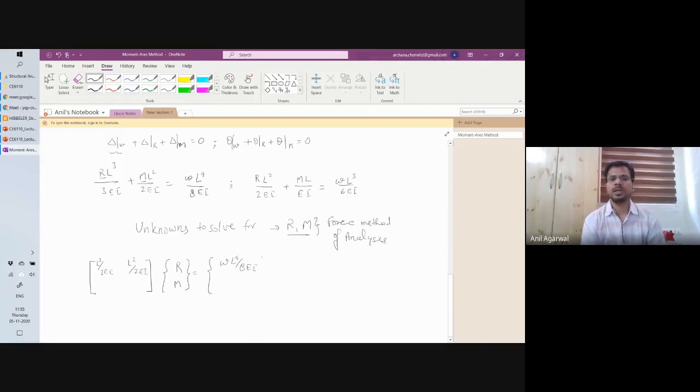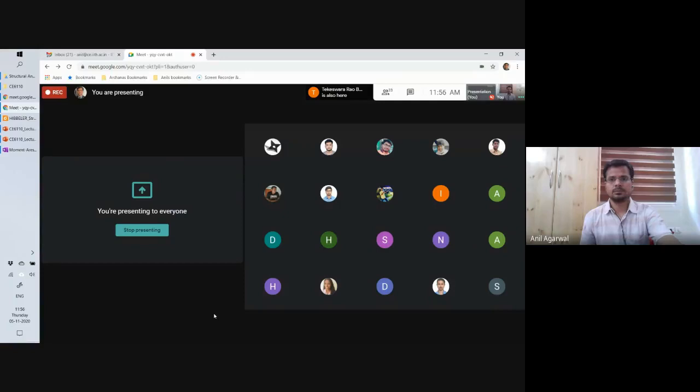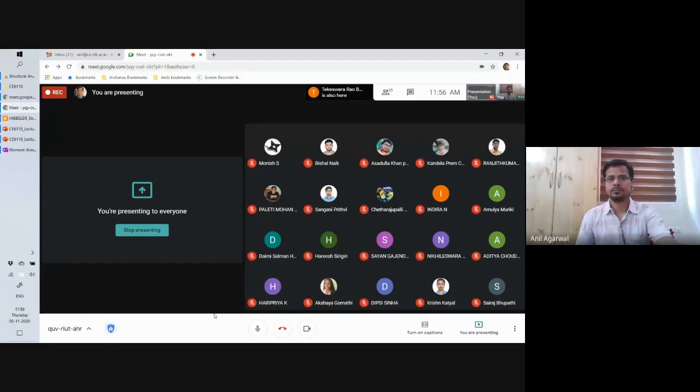Of course, I can remove the EI terms, but I'm keeping them so that our understanding of the flexibility matrix is clear. Likewise, in the second equation I get L square divided by 2EI, and I get L divided by EI, and that is equal to WL cube by 6EI. Is everybody okay with this? Looks okay so far, right?